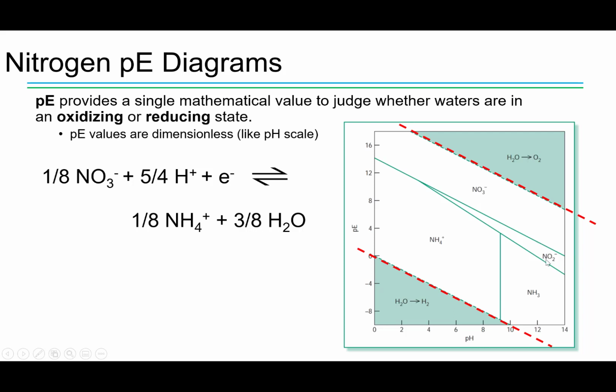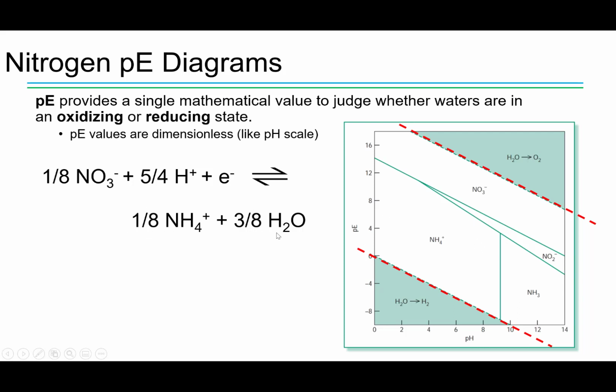In nitrite, nitrogen is in the +3 oxidation state. More reduced forms of nitrogen, ammonium at lower pH, and ammonia, the base, at higher pH, show up at lower pE values where the water would be more reducing.